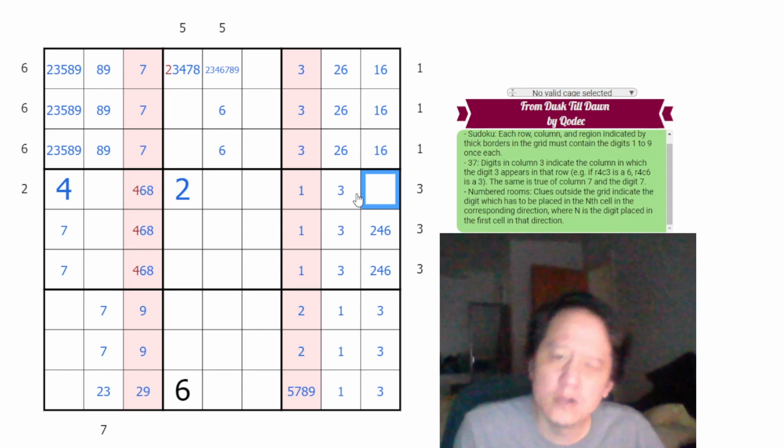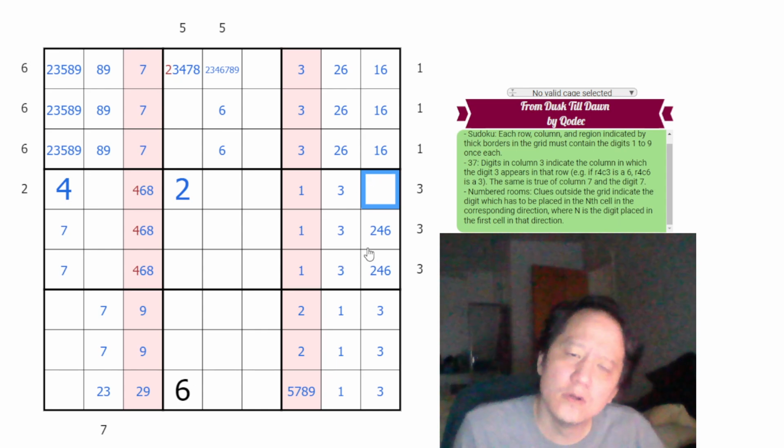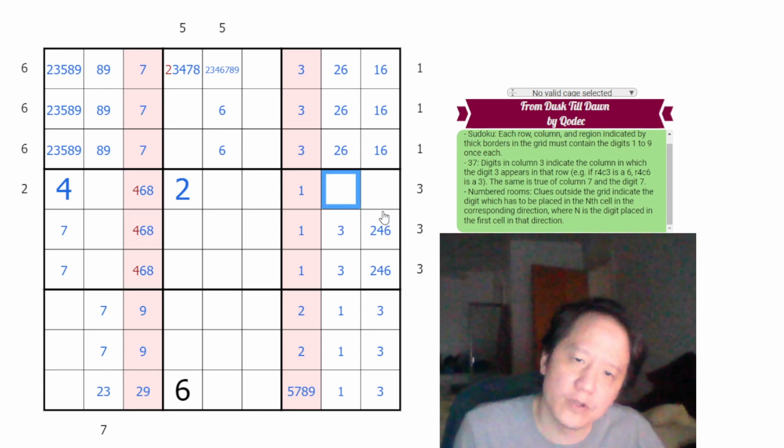Right? So this cannot be 2, so this can't be 3. This can't be 4, and it can't be 6. So it can't be 5, period.